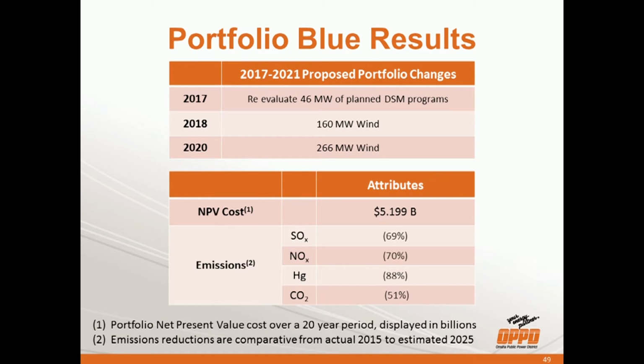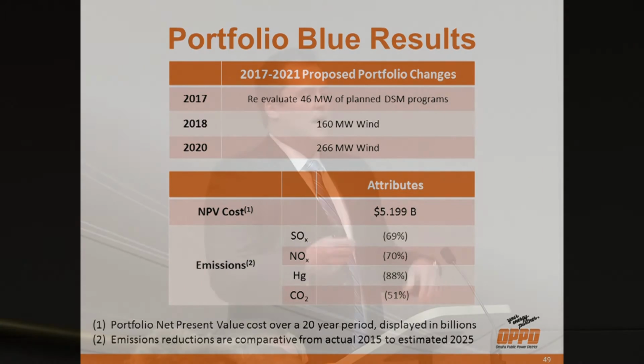The reason those 46 megawatts were identified as uneconomic is if you think back to the end of 2013, early 2014, when we did the AEG study with demand side management, since then, capacity costs have fallen considerably. That's effectively what's pushing these things into uneconomic space as opposed to previously when they were more economic.